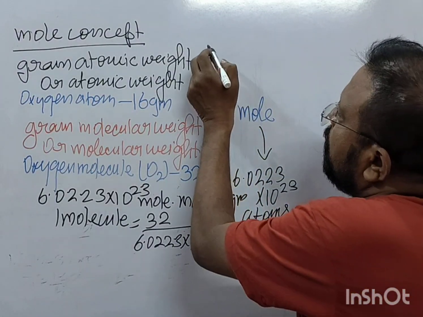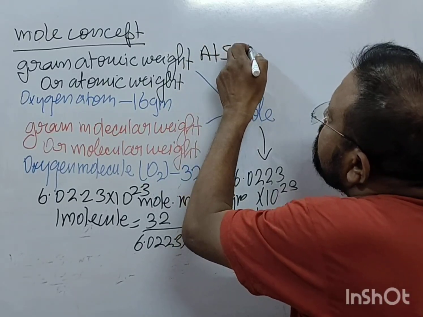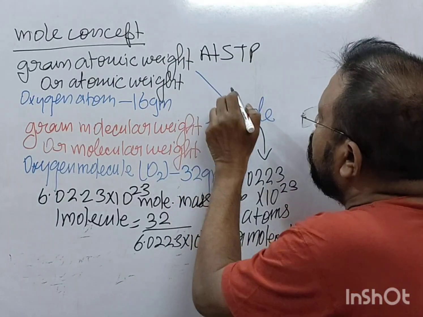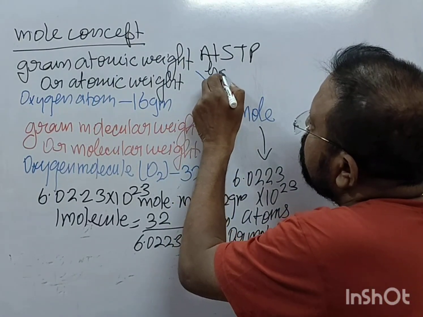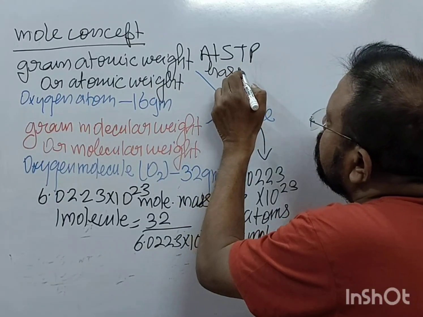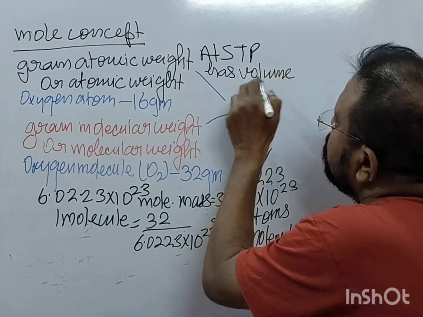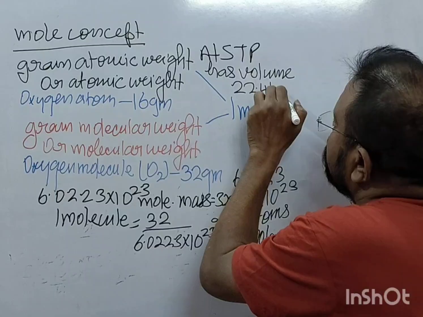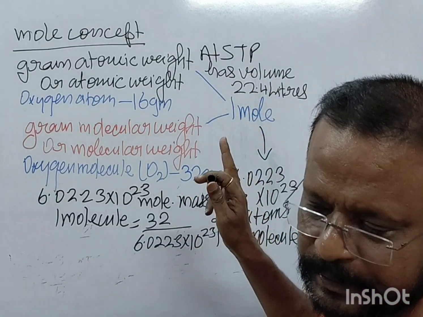And at STP, standard temperature and pressure, 1 mole of a substance has volume 22.4 liters, right?